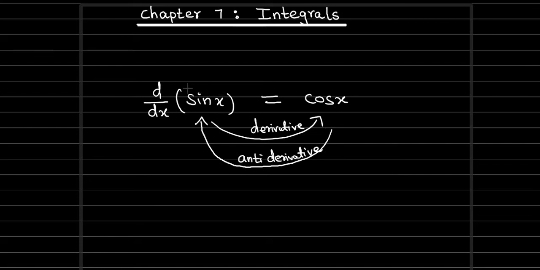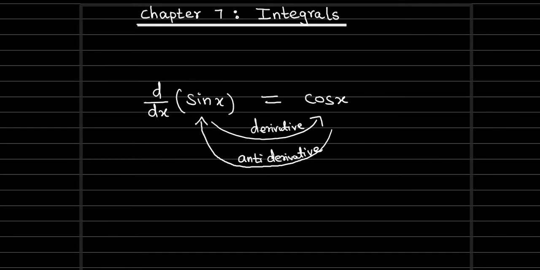Here the function is given and we are finding the derivative. Now the derivative will be given, and we need to find which function's differentiation gave that result. That is what we call an antiderivative.